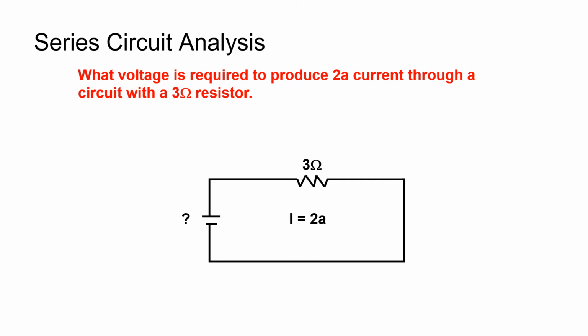In this example, what voltage is required to produce 2 amps of current through a circuit with a 3-ohm resistor? Our voltage equals our current times our resistance. Therefore, our voltage equals 2 amps times 3 ohms, or 6 volts.